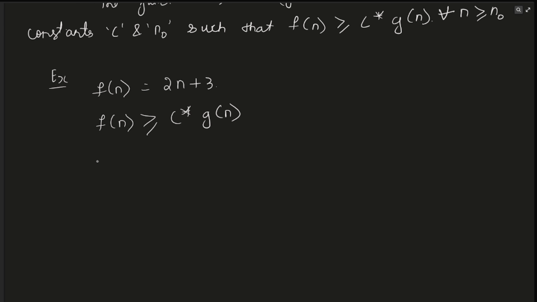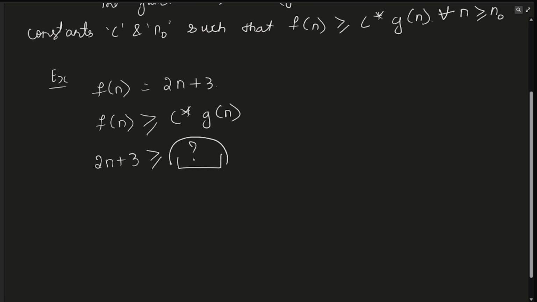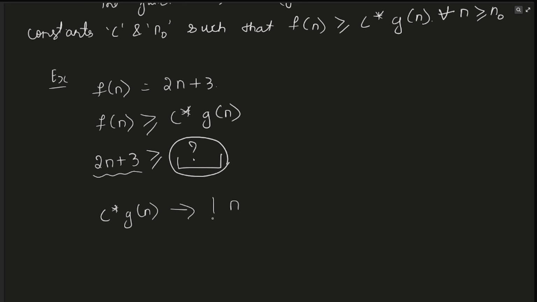So the value of the right hand side is always lesser than the value of the left hand side. Let's consider c into g of n as 1n. We'll validate whether RHS is lesser than LHS.